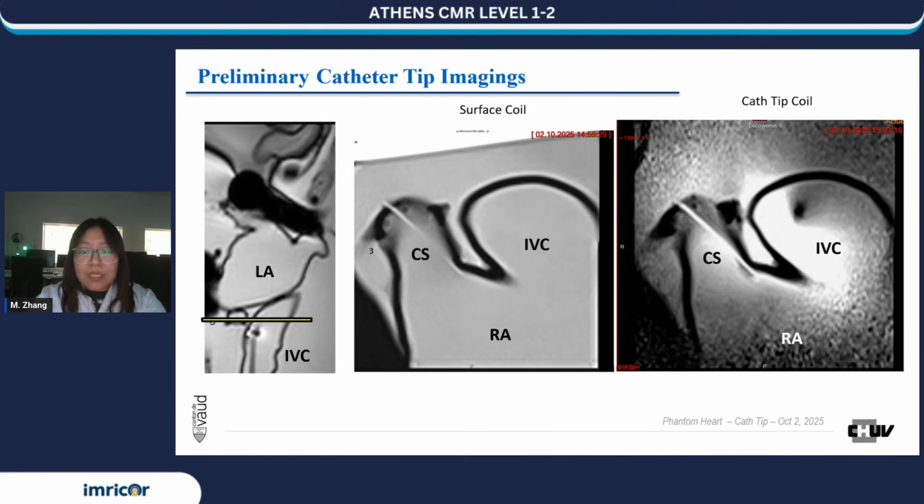As we can see, the catheter tip image shows sharper structures and much more signal inside. These findings suggest that catheter tip imaging provides higher SNR and improves anatomical clarity in the localized area. But how can we quantitatively confirm these imaging advantages?